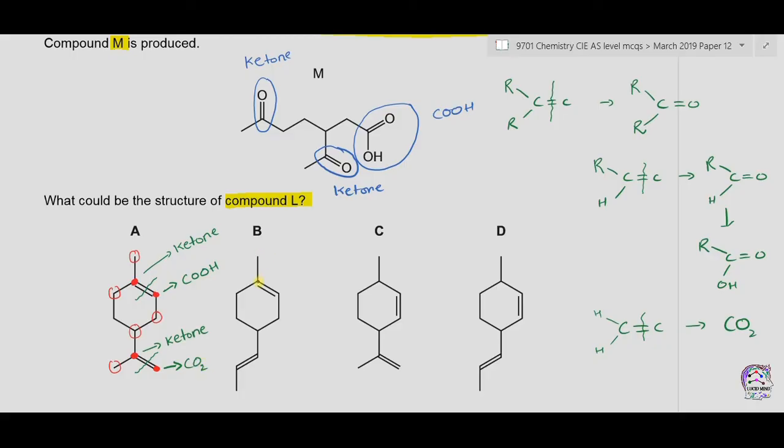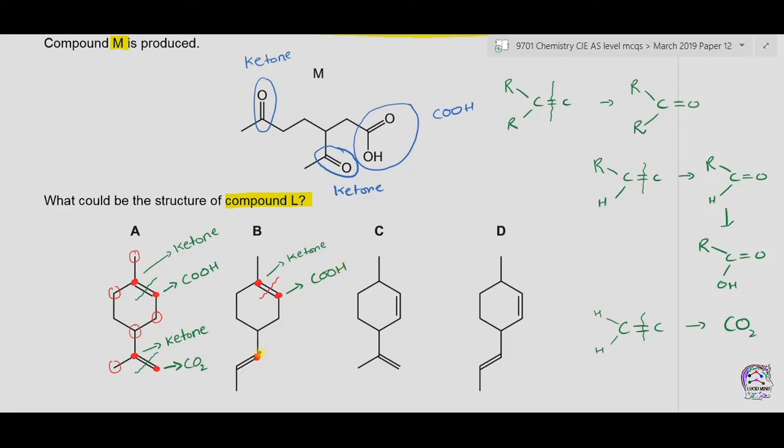In B, we can see this carbon atom makes a ketone. This carbon atom will make carboxylic acid, as discussed in the previous one.